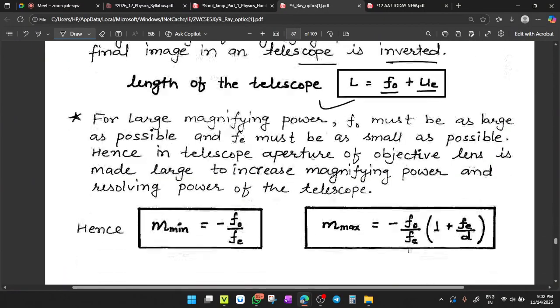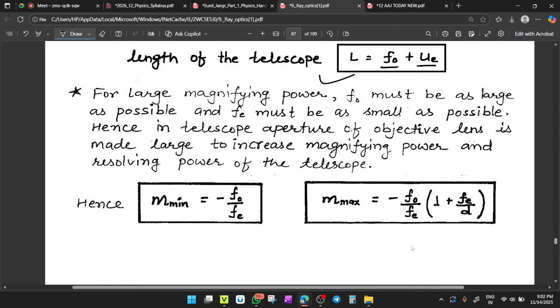Yes, for large magnifying power, FO must be as large as possible because FO is in the numerator. So FO must be as large as possible and FE must be as small as possible. Hence, in the telescope, the aperture of the objective lens is made larger to increase the magnifying power and resolving power of the telescope.